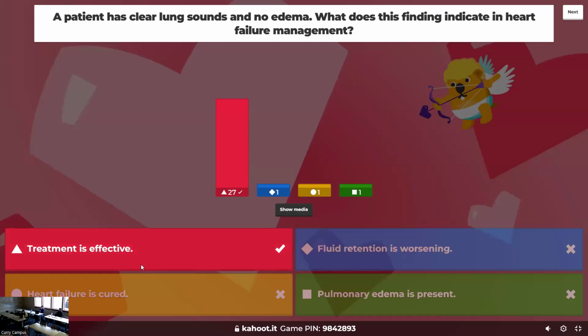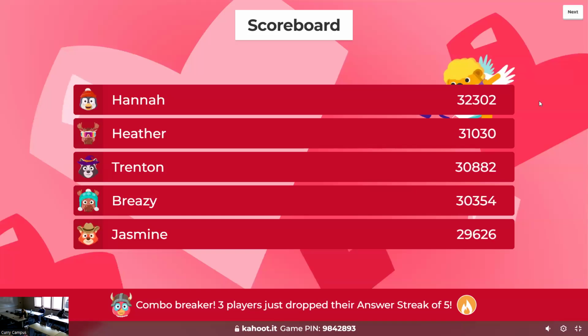Right, almost everybody got that one. Treatment is effective. If there was fluid retention, we would hear crackles. Heart failure is cured. It's not curable. And pulmonary edema is present. Not true. So let's see who won this one.